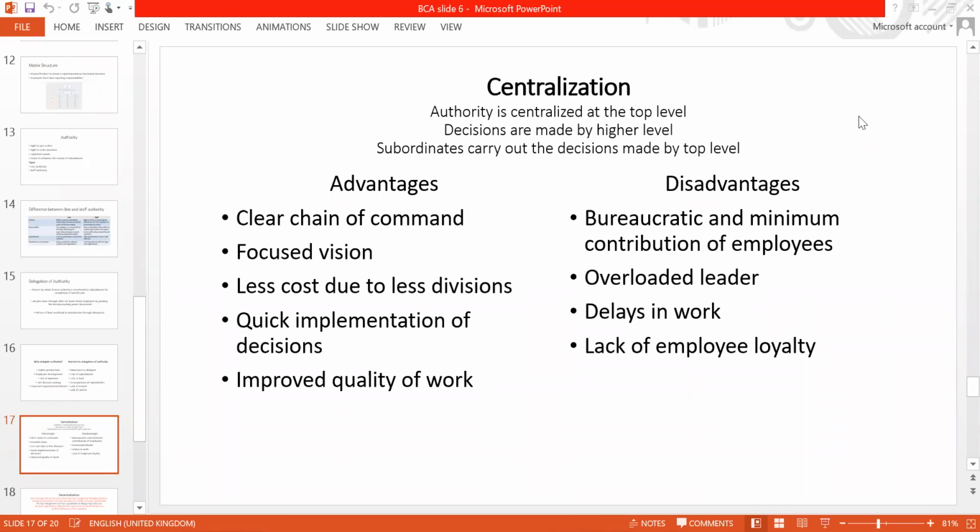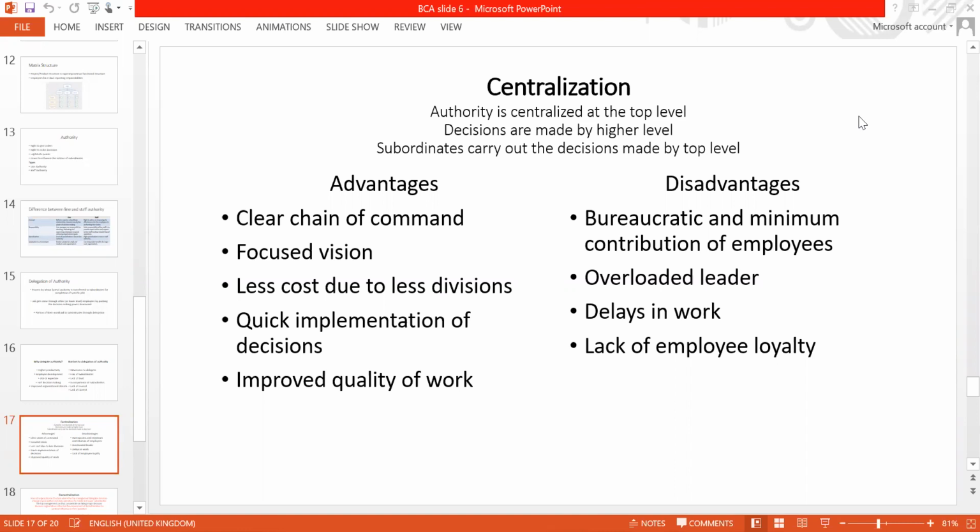Now, you see the advantages and disadvantages on the screen. What is the advantage of having a centralized structure? When you have a centralized structure, there is a clear chain of command. Everything has to go through that line from lower level to upper level, and it gets done at the top level.